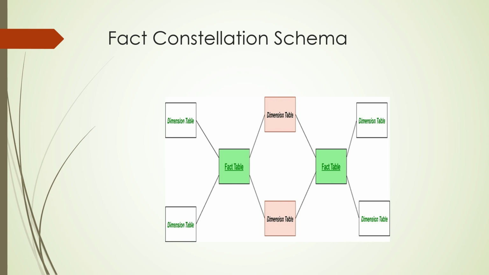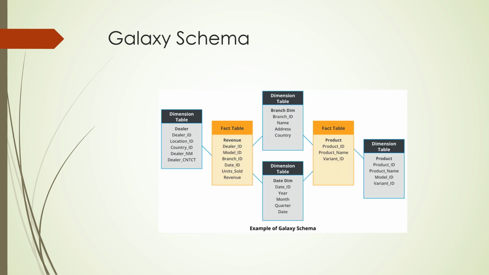So to understand the data warehouse schema and its various types at conceptual level, we should remember that the data warehouse schema is going to be the blueprint of how the data will be stored and how it is going to be managed.